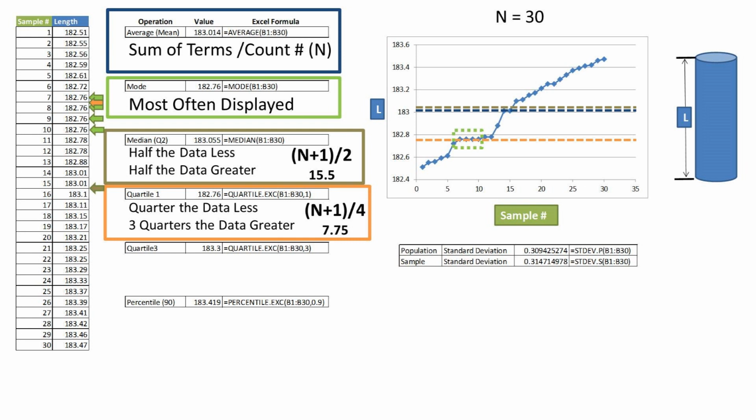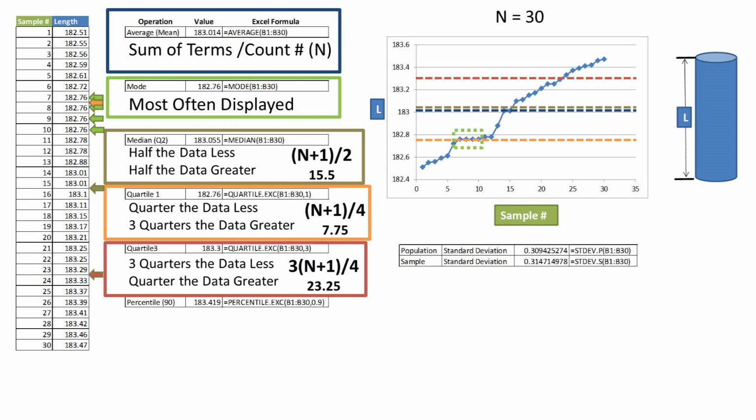In this case, with a sample size of 30, we get a place of 7.75. This falls between 2 points which are identical, so the average of these two numbers are the same as the two numbers' values, which is 182.76. So 182.76 is the first quartile. The Excel formula is equals quartile, then the range of the data, then a 1 for the first quartile.